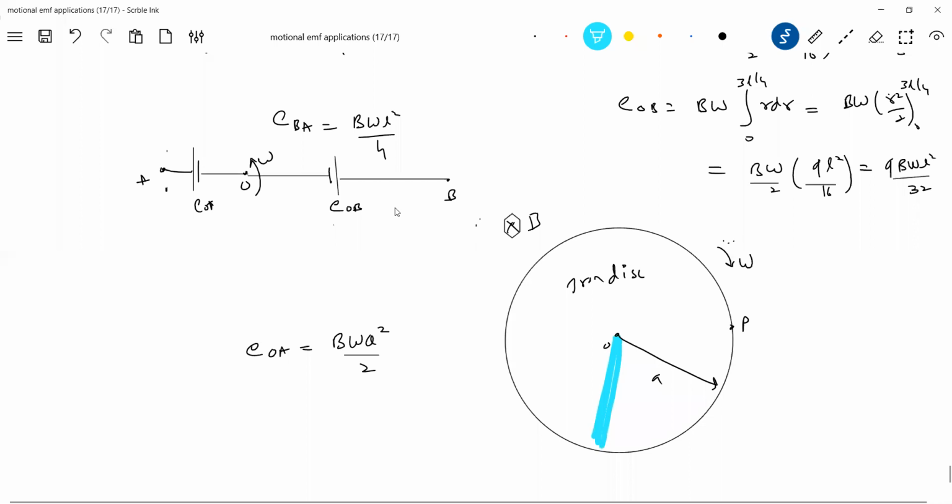Treat this iron disc as made up of such rods. If I sum up such rods, what do I get? I'll get a disc, no? So what is the EMF induced across each rod? B omega A square by 2.